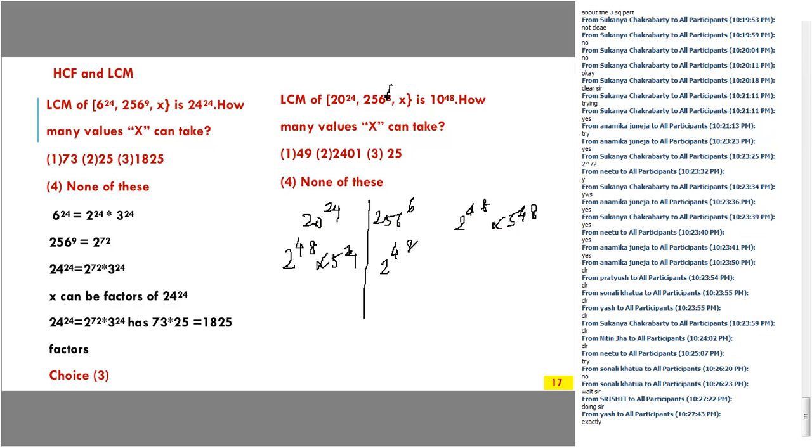Clear? Yes, sir, clear. Sorry about that. In which case the answer is none of this. Who gave none of this as an answer? That's right. If the number is like this, it's a typing error.